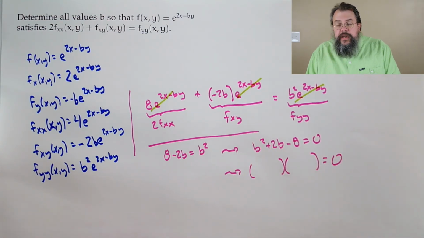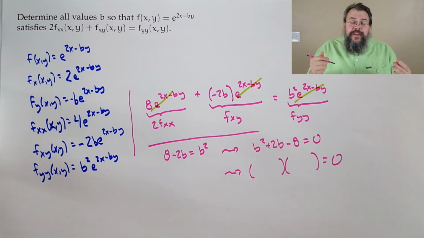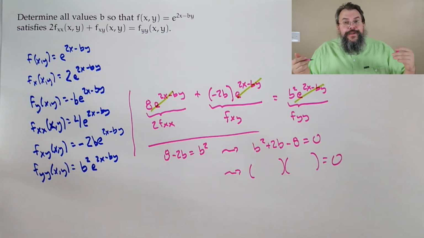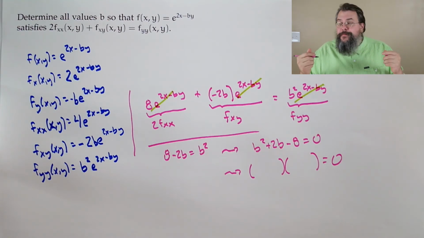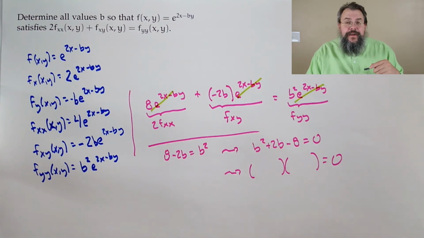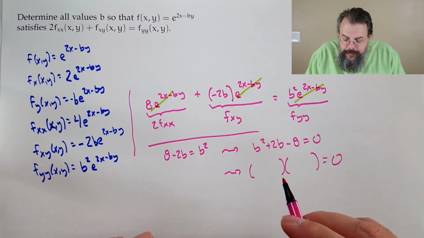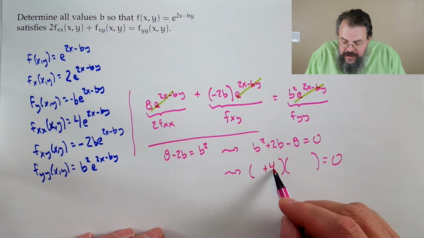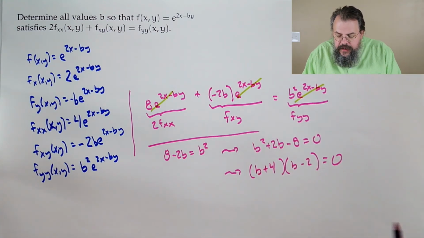Let's see. We need two things that multiply to negative 8, but add to give us 2. Well, there's not a lot of ways to break 8 apart. There's 1 and 8. That's not going to work. 2 and 4. Well, notice it's a negative 8, so it's like negative 2 and 4, or positive 2 and negative 4. But it looks like if I make it a plus 4 and a minus 2, that seems like it should work. Let's check.